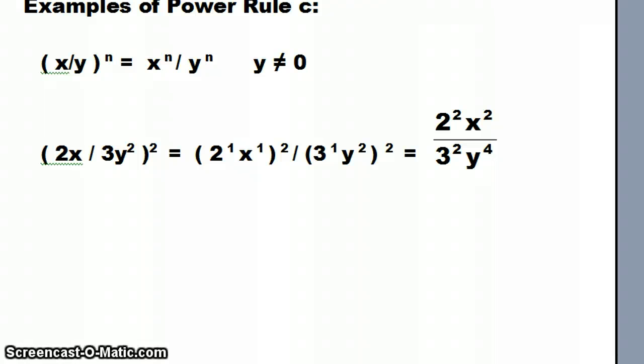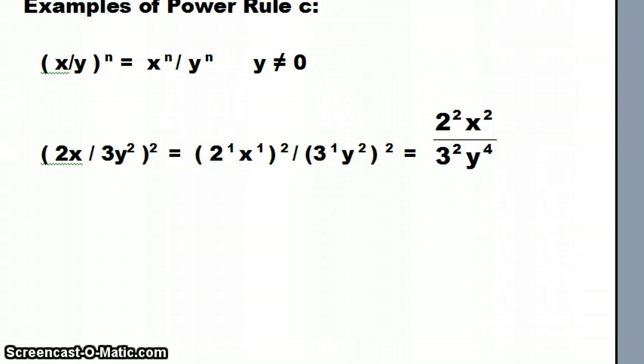So on that fraction, it just says that everybody gets the base, everybody gets the exponent on the outside, just like in the previous example. So 2x divided by 3y to the 2nd, all of that to the 2nd power, means that the 2 and the x have an exponent of 1. The 3 has an exponent of 1, the y has an exponent of 2.